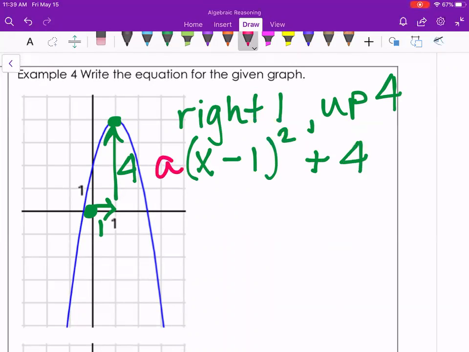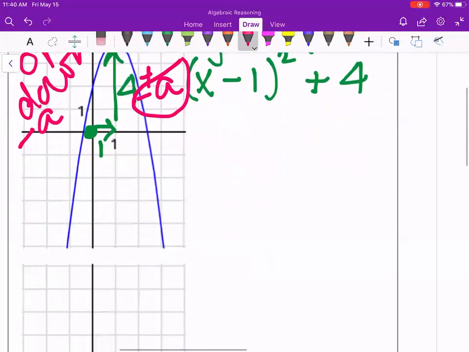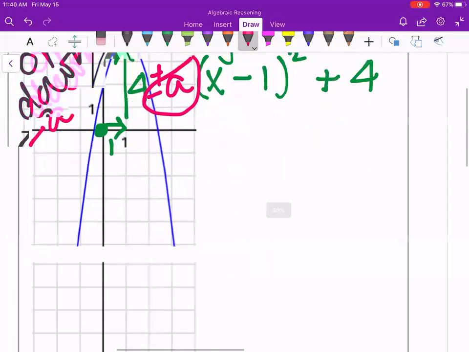Now I just need to know, is this a positive or negative? And again, because it opens down, my a is going to be negative this time. Okay, because I open down, I have a negative a. So I'm going to now move this graph so that it lines up with 0, 0.